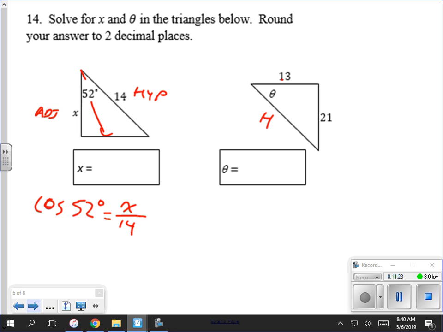Opposite and adjacent are only in reference to which angle you're talking about. Because if I'm talking about this angle down here, they switch which one's which. If I'm talking about theta, this is the opposite, and this one is the adjacent. If I'm talking about this angle down here, these two switch.